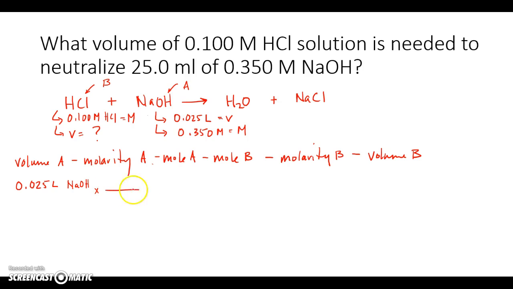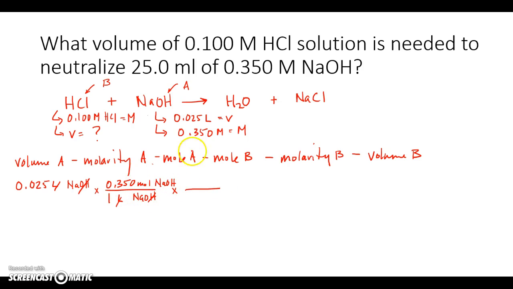Again, we're going to write molarity like we did before, where we're going to write moles on top and the liter on the bottom. So we have 0.350 moles of NaOH over 1 liter of NaOH. This allows us to cancel out those units.